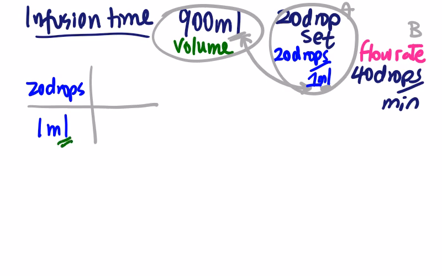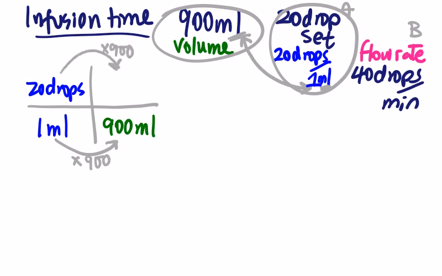So we need to match the units, so the 900 mils would be sitting here. So it's just a matter of now multiplying those two, but also just a matter of looking and seeing the proportions. One goes up, so we are multiplying. It goes up to 900, we multiply by 900. So same here with the 20 drops, we multiply by 900.